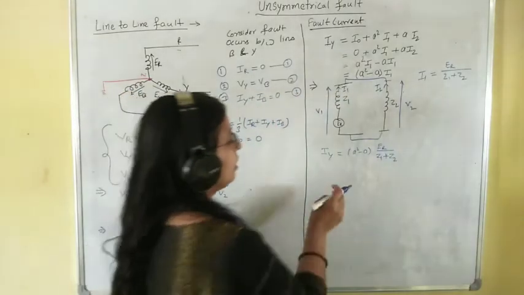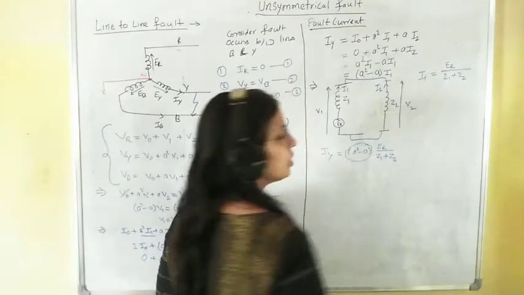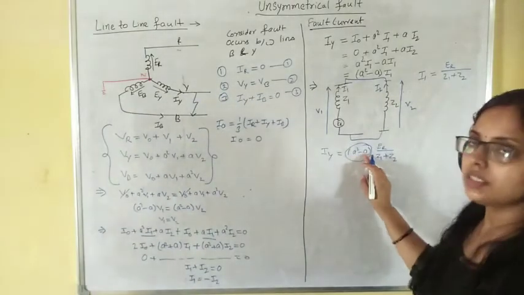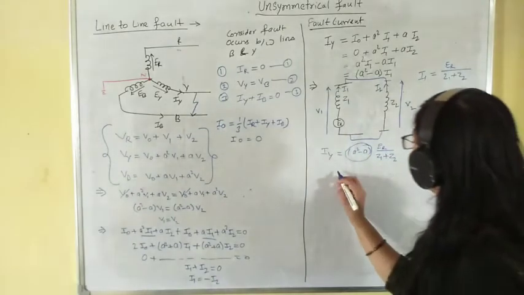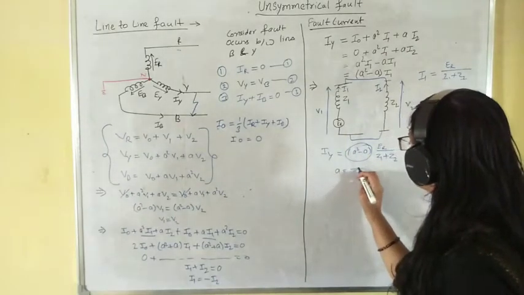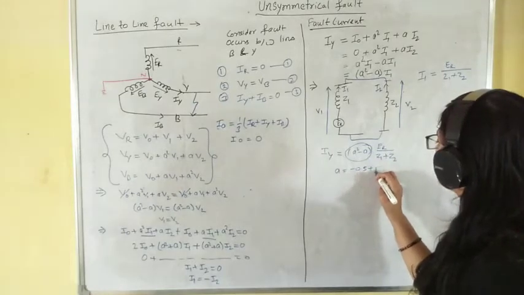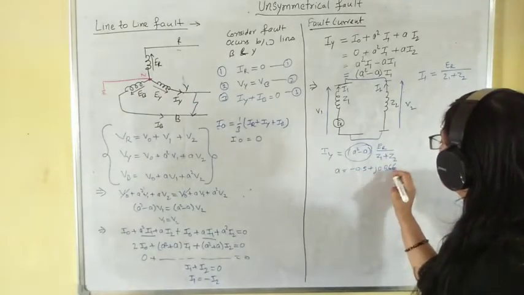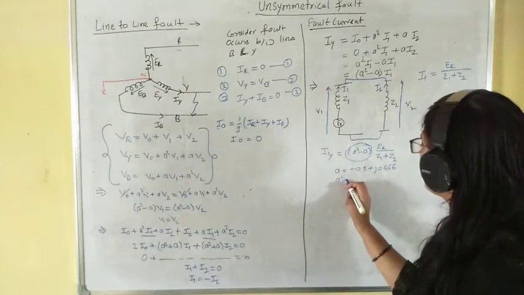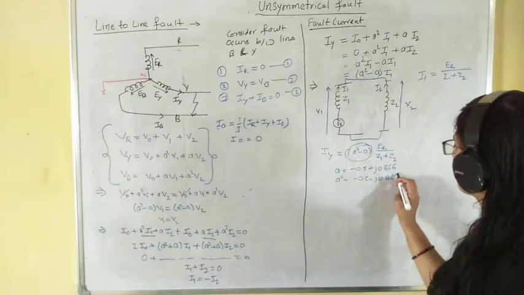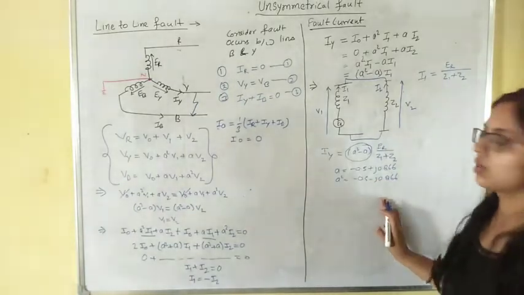Okay. Now this value is A square minus A. So we know what A is. A is minus 0.5 plus J 0.866, and A square is the minus times of this. Okay.